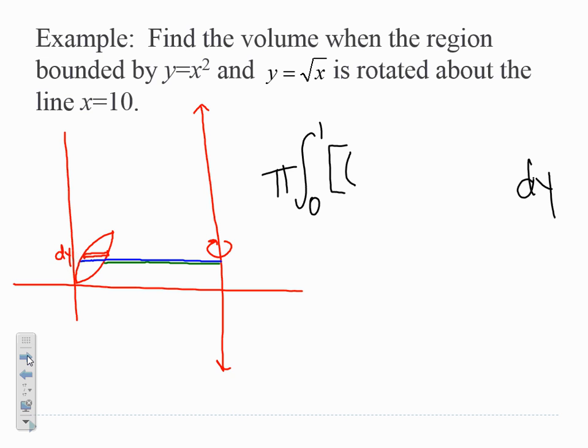Right would be 1 minus square root of y, squared. So there's big radius squared minus small radius squared. So from right minus left, 1 minus y squared, minus 1 minus small radius squared.